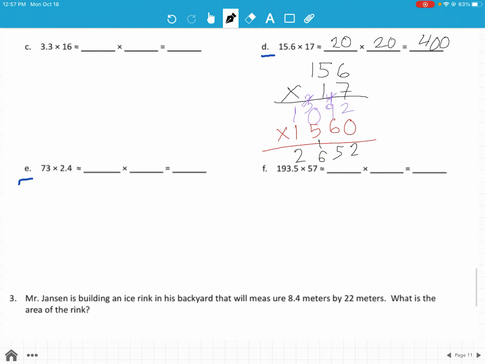And I get 2,652. Now I rounded up on both of mine, so I know my answer would be less, but I want you to see that we know our answer should be 265 and 2/10.